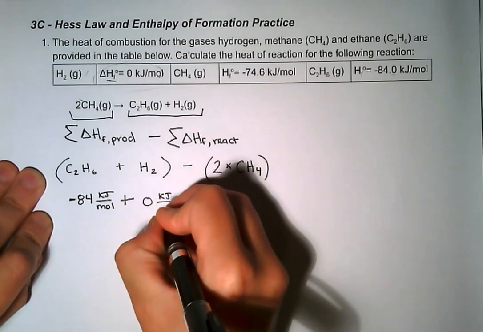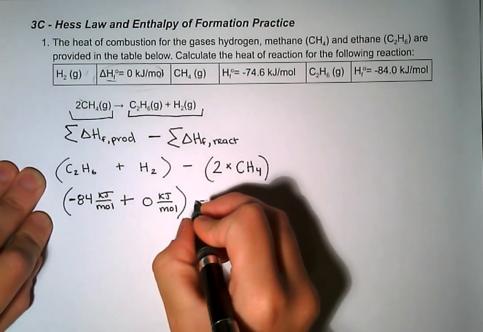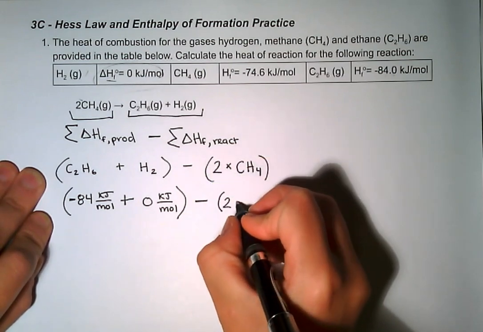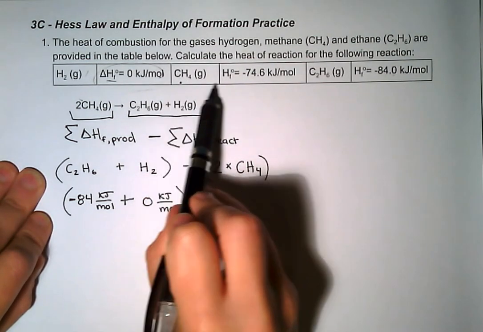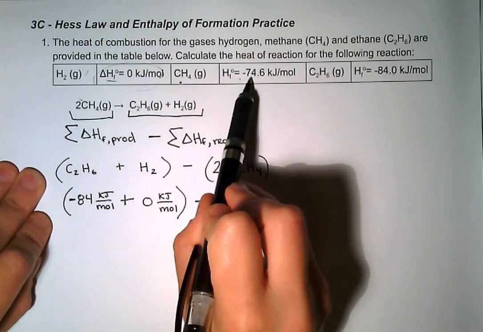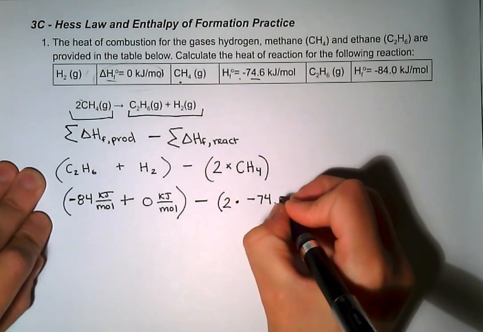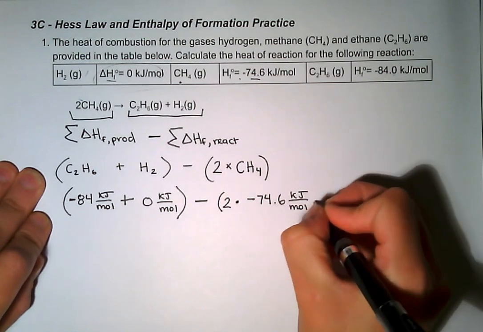So those are my products. Then I need to subtract out my reactants. I'm going to do 2 times whatever the value for CH4 is, and looking up here, my value for CH4 is negative 74.6 kilojoules per mole.